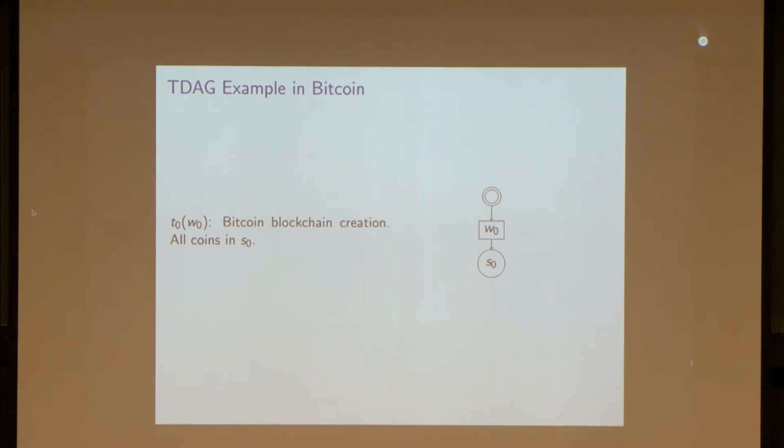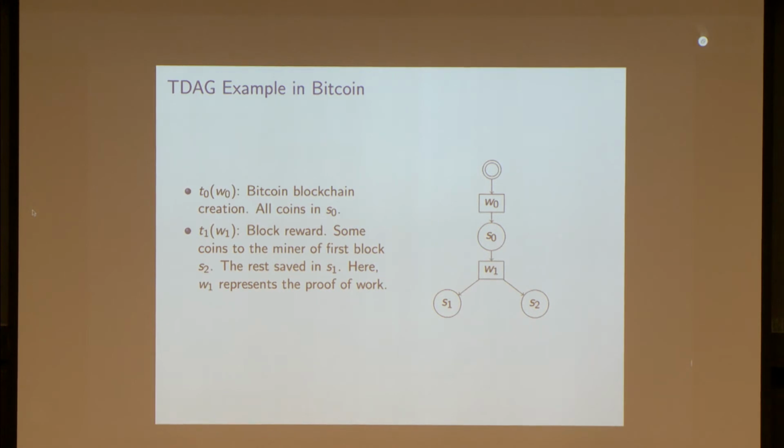For example, we can now argue about a second transaction that spends S0 in a certain manner. In particular, we can model a block reward or the creation of a new block, such that some coins from the initial pool S0 go to the miner, here represented as S2, and the rest of the coins go to another state S1, such that we can reason about them later.